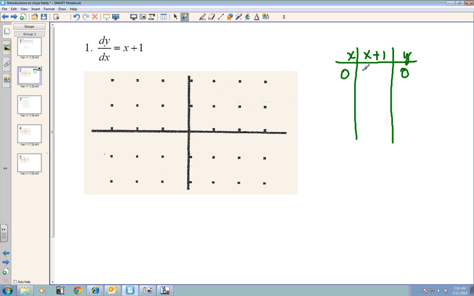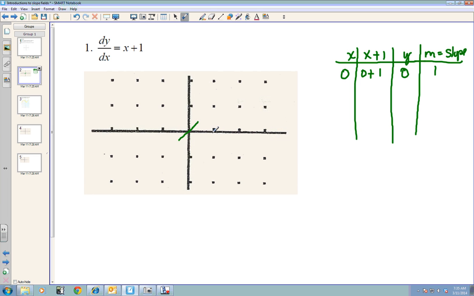When I plug the point 0, 0 in for my slope, I get 1. So at the point 0, 0, I need to draw a short little line segment with a slope of positive 1. It's going to look something like that, and you just kind of have to estimate.